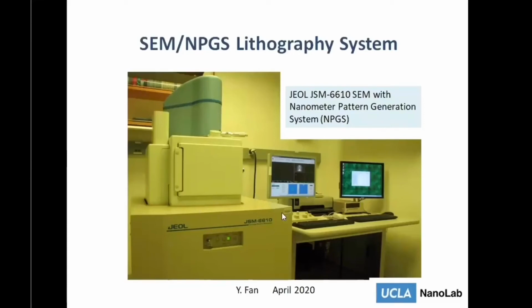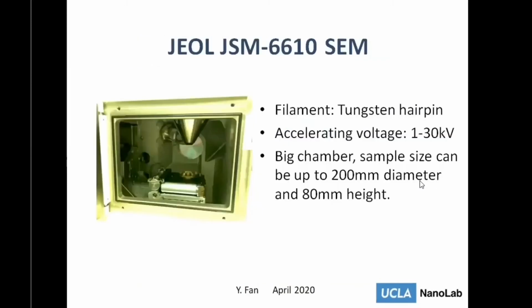This tool can be used only as an SEM or combined with both. So when we train users, we have different sessions. One session is only for the SEM, another session adds e-beam with the NPGS software function, and we also have another qualification session.